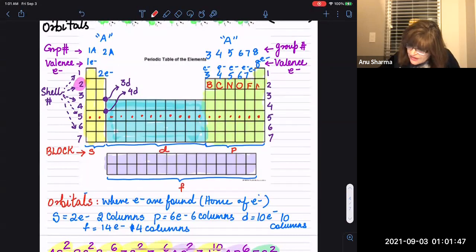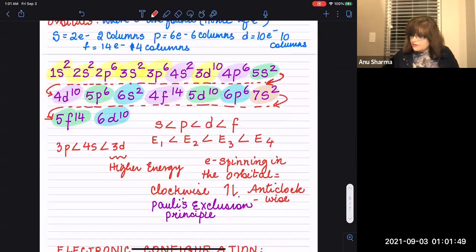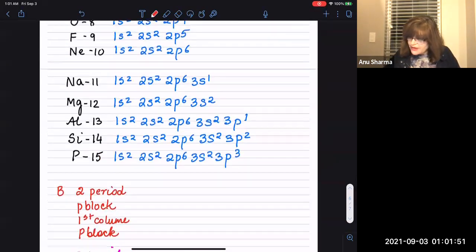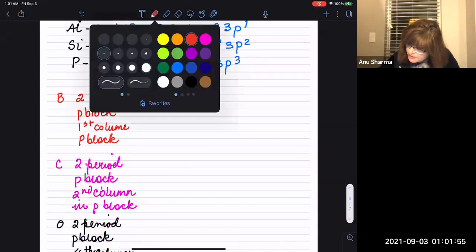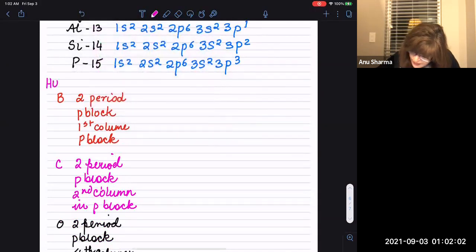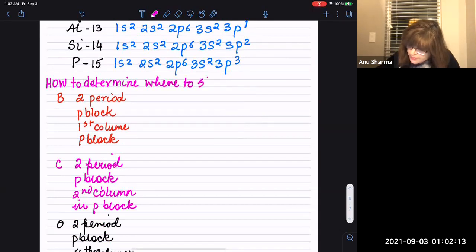Okay, and that's neon. So same thing, I don't want to embed this, but that is where you stop. So how do you determine where to stop? How to determine where to stop.